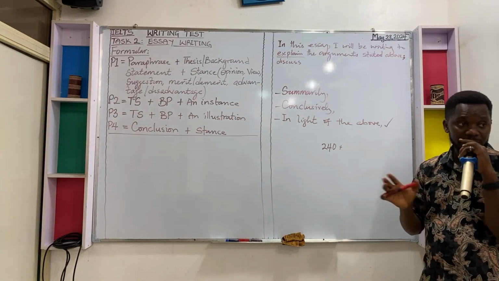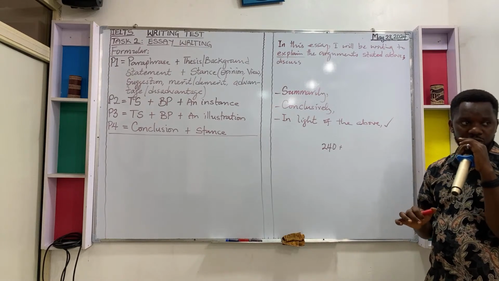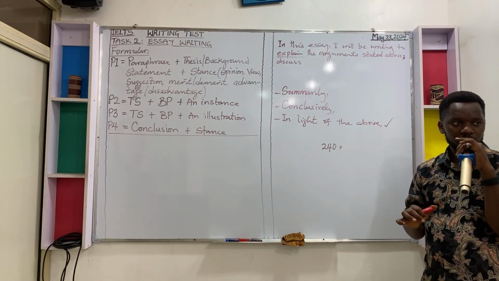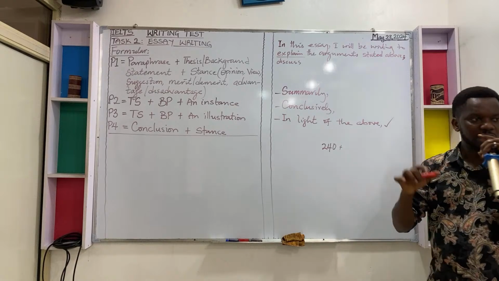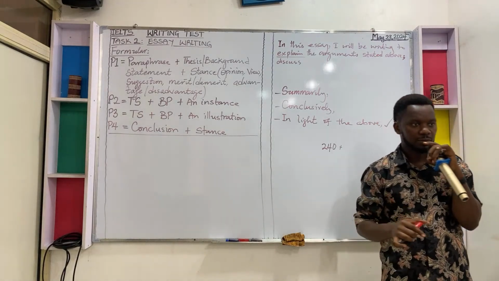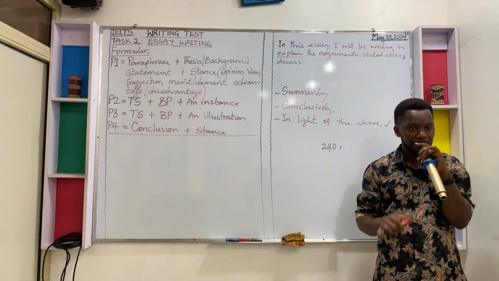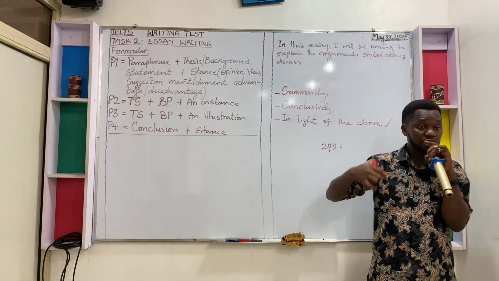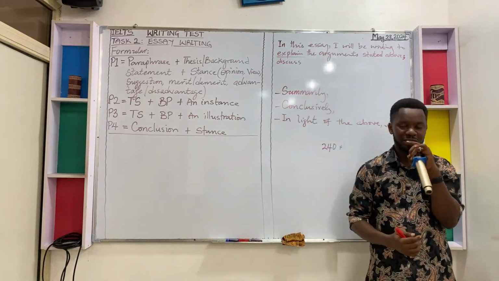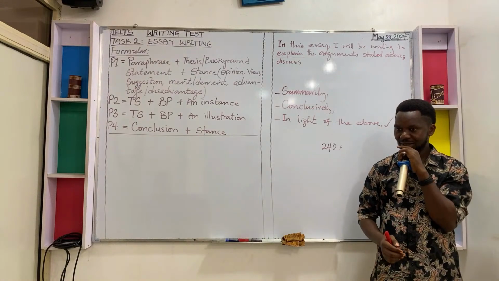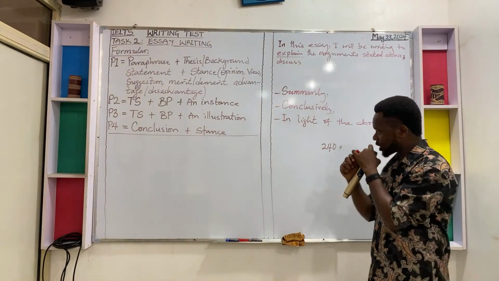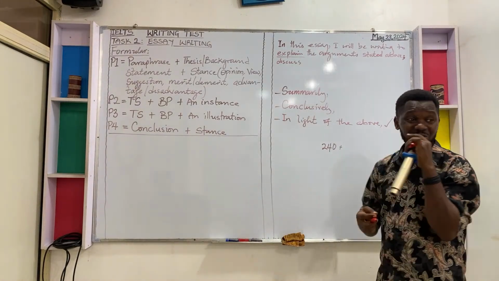Once you write "in light of the above," you simply give your opinion. In light of the above, I therefore recommend strongly that you drop your opinion. Do you understand this?